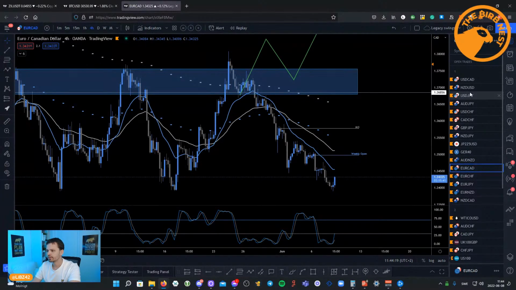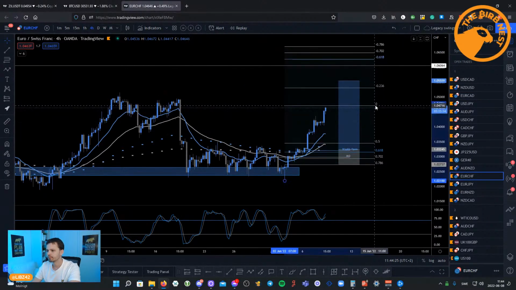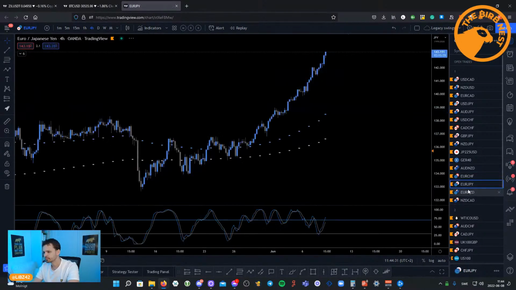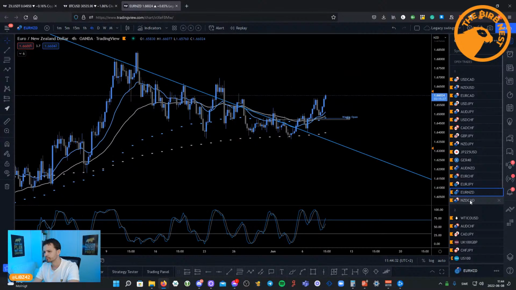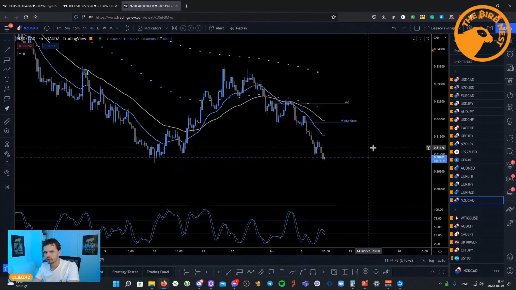Euro CAD, also very interesting. This is a good one. Seems like I missed a good one right here, but then again, it doesn't really align with the stochastic RSI. NZD CAD, just interesting.